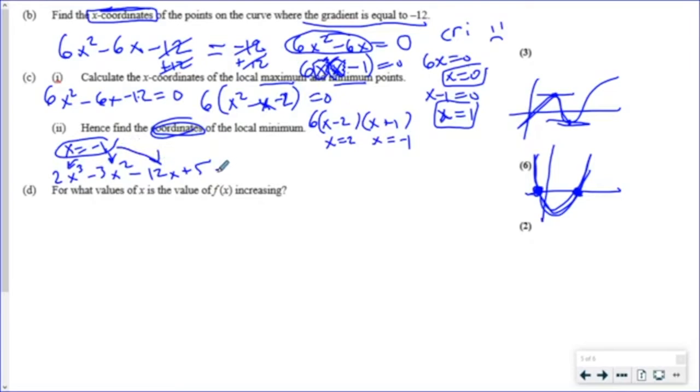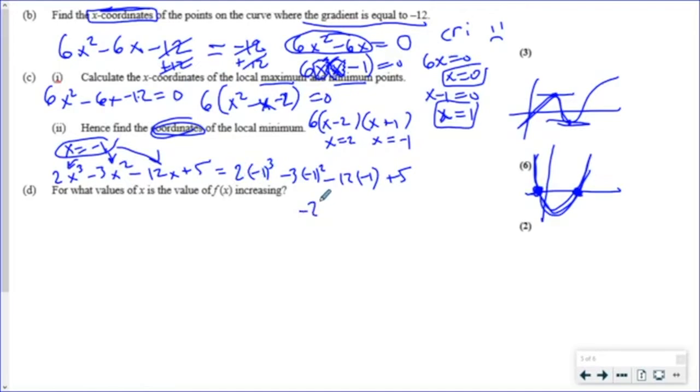So if I do that, I'll end up with 2 times negative 1 cubed minus 3 times negative 1 squared minus 12 times negative 1 plus 5. Oh, we're almost there. Oh, I'm so sleepy. Okay, so negative 1 cubed is negative 1, times 2 is negative 2.